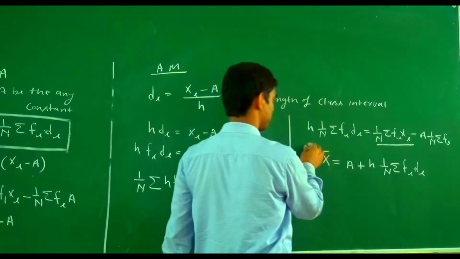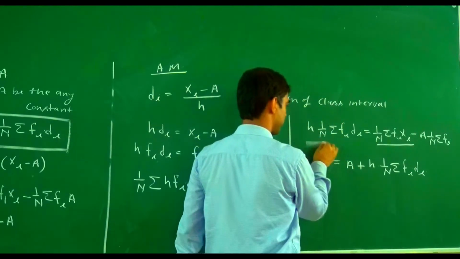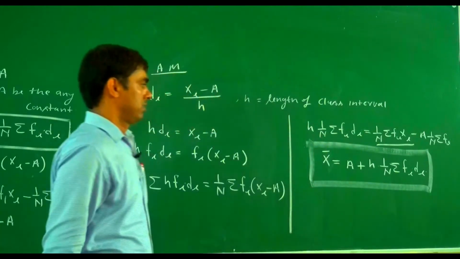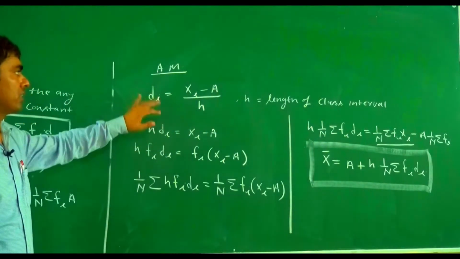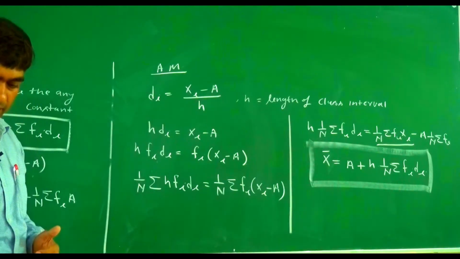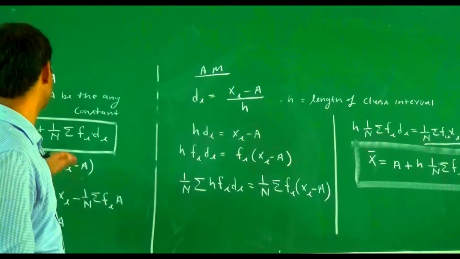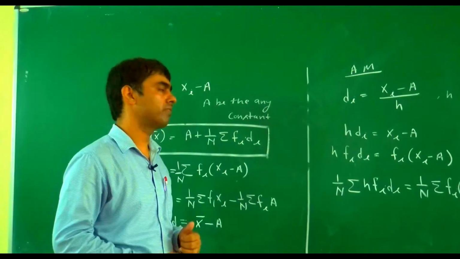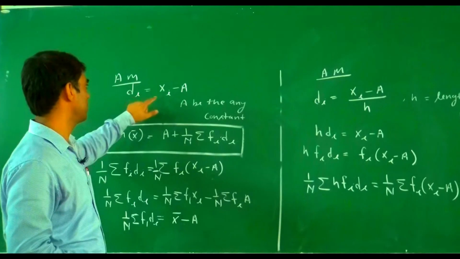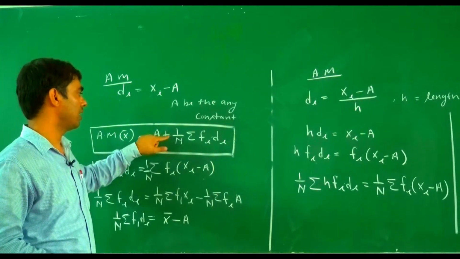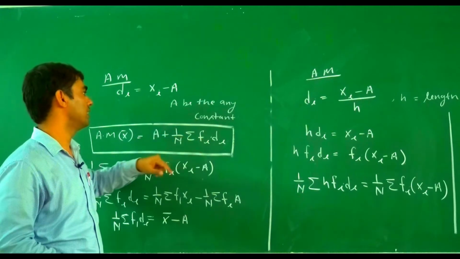So this is another form of the formula, where we use di equals xi minus a upon h. So these are the three forms of the formula. For xi fi, it is 1 upon capital N summation of fi xi. If di equals xi minus a, then the arithmetic mean is x bar equals a plus 1 upon n summation of fi di.